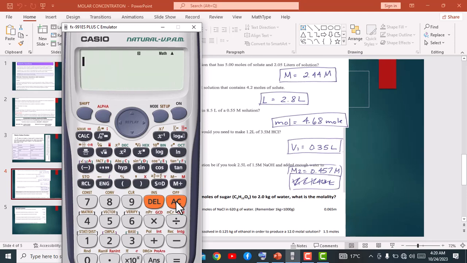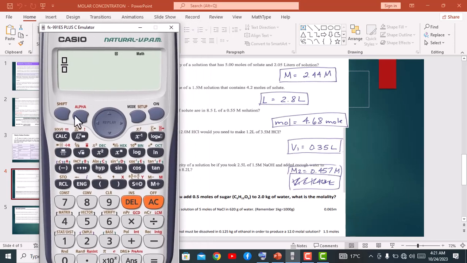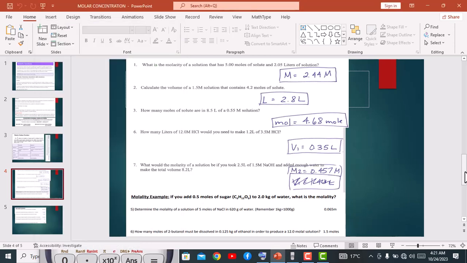Somebody might do it in this way, or you might first want to say 620 divided by 1000, and it would give you 0.62. So you can just say number of moles, which is 5, divided by 0.62, and it would provide you with exactly the same answer. So this is just basically how we calculate that.